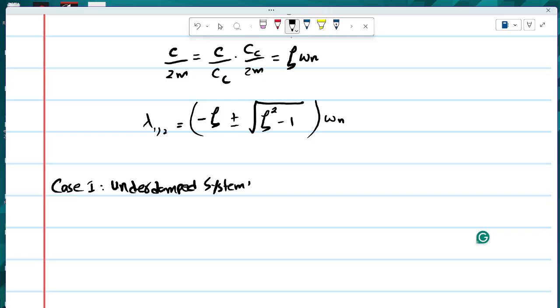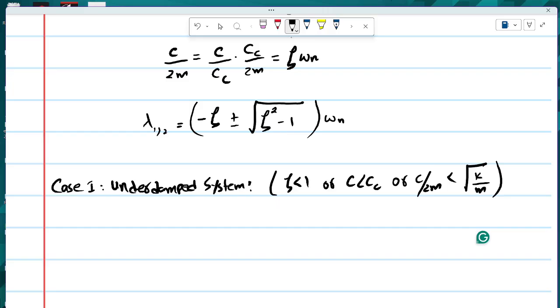A system is called underdamped if the damping ratio is less than 1, or it can also be written as the damping constant being less than the critical damping constant, or, because different books use different ways, if C over 2m is less than under root k over m.